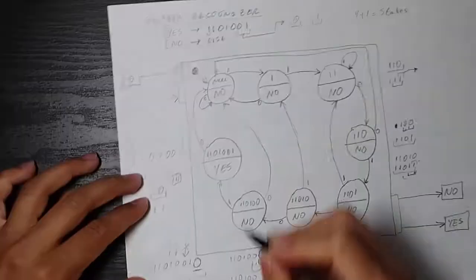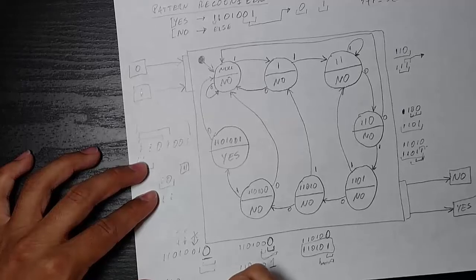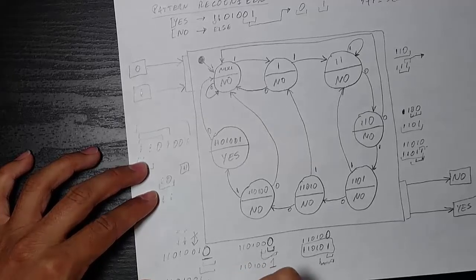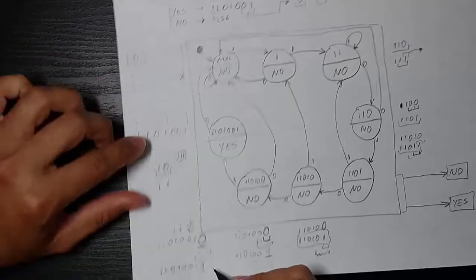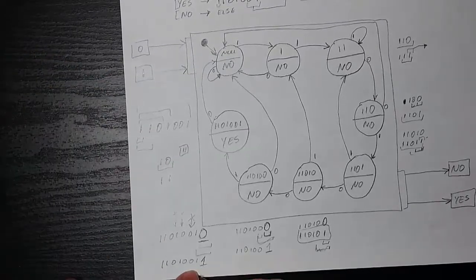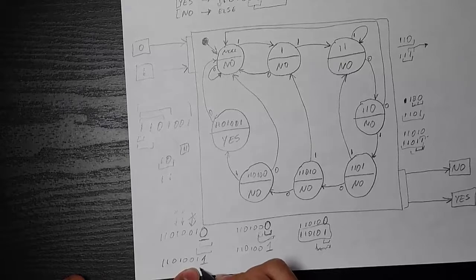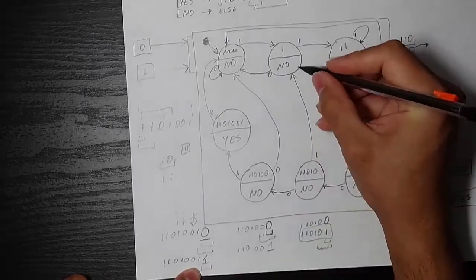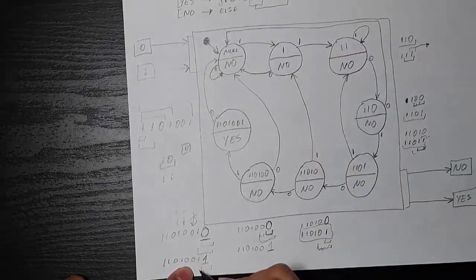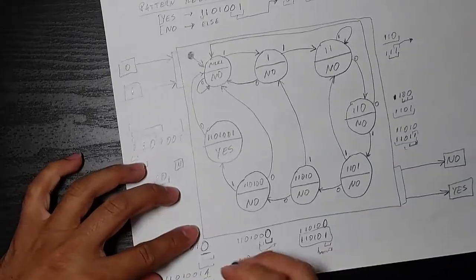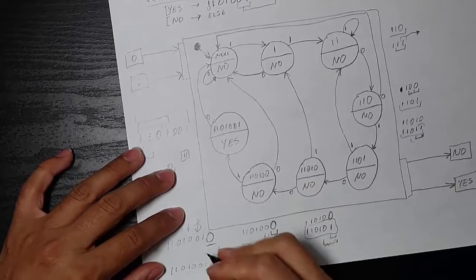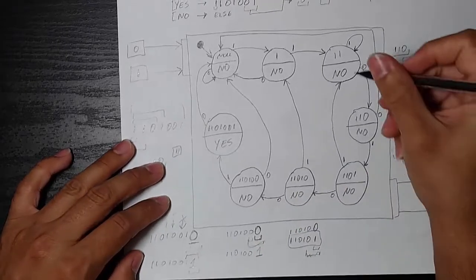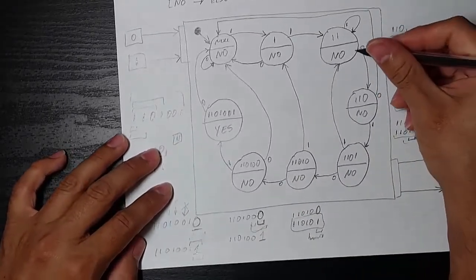If I get a 0, let's say I get a 1. So what can we save now? If I save a 1, I need to go here. If I save a 1 1, I can go here, right?